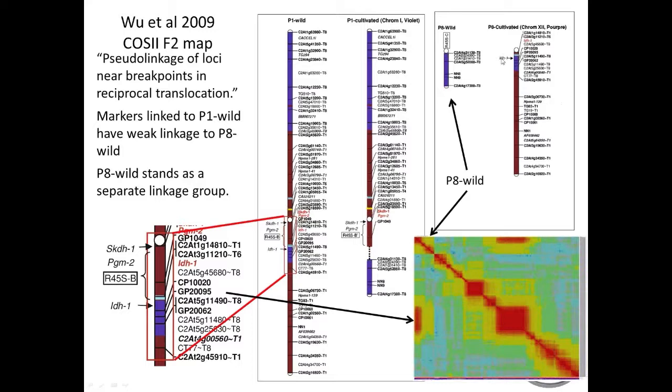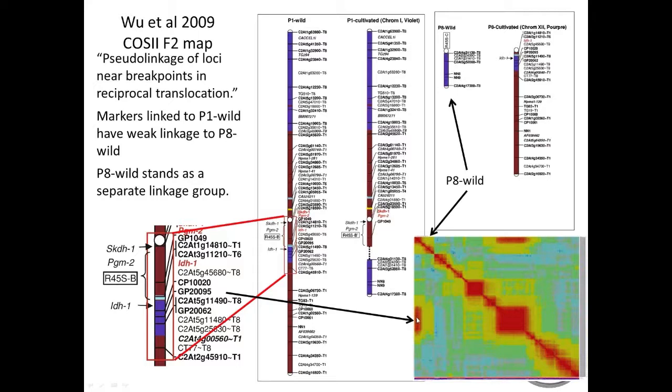That gives you pseudo-linkage between chromosome 8 and chromosome 1. We saw this really nicely in CheckMatrix. What CheckMatrix is saying is that the markers in this area have pseudo-linkage with the markers in this area, which is why you see these dark red dashes over here.